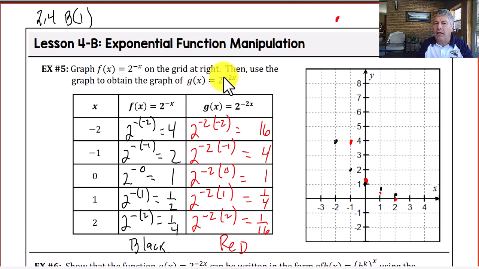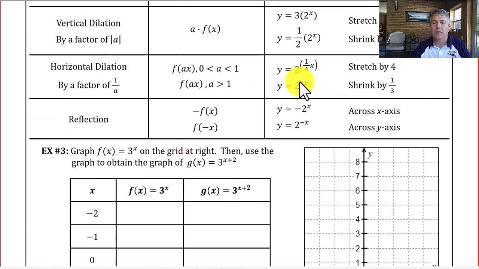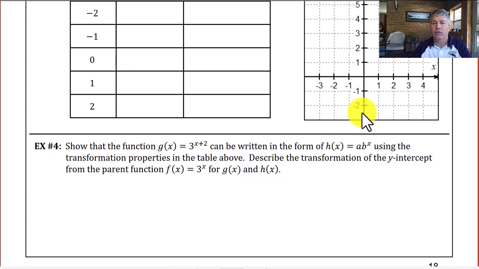So our negative sign still stays the same, but the 2 is going to be some sort of manipulation along the x-axis. And if we go back to our previous notes, we can see that 2 here is like the 3. So that's going to be a horizontal dilation, or shrink by 1/2 is the result we would anticipate.